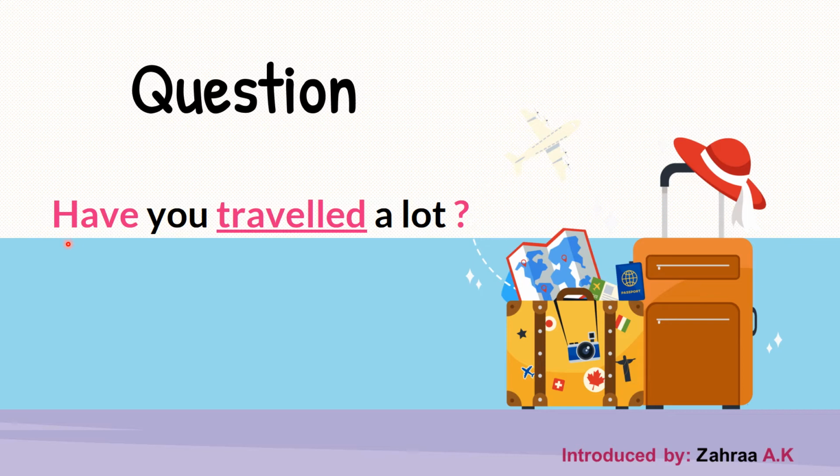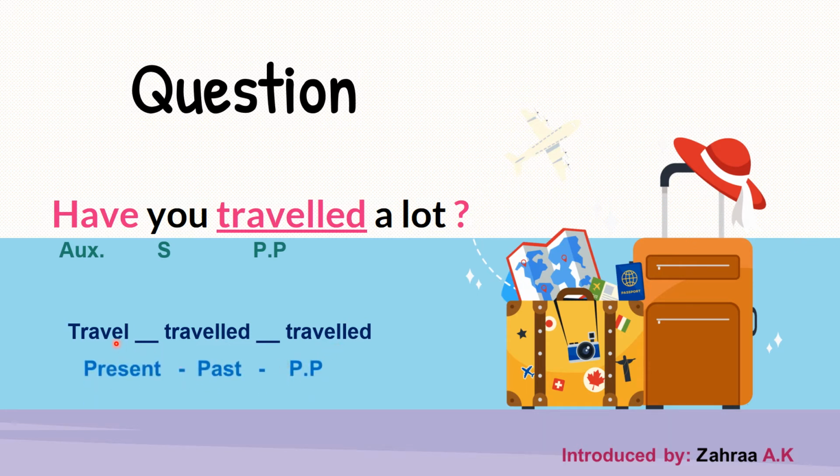So have is the auxiliary, you is the subject, and traveled is the past participle, the third form of the verb. Traveled comes from travel: travel in the present, traveled in the past, and traveled also in the past participle.